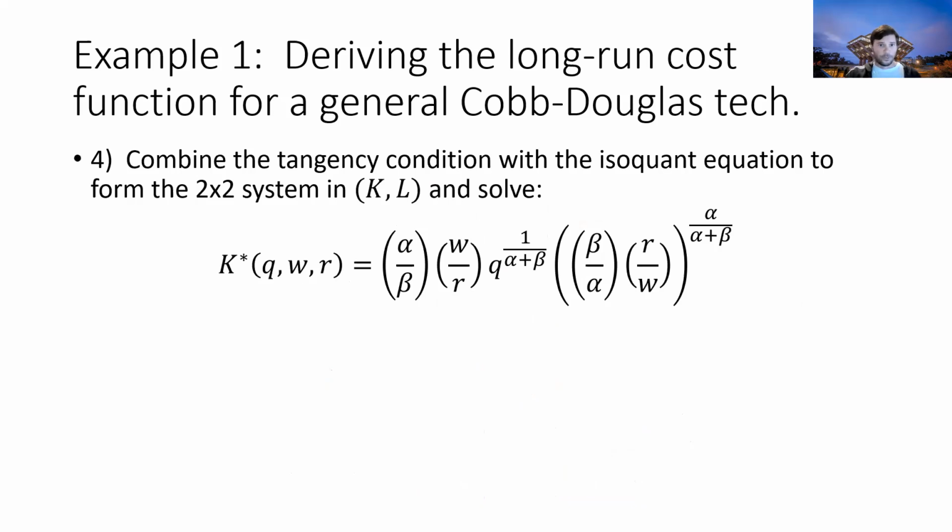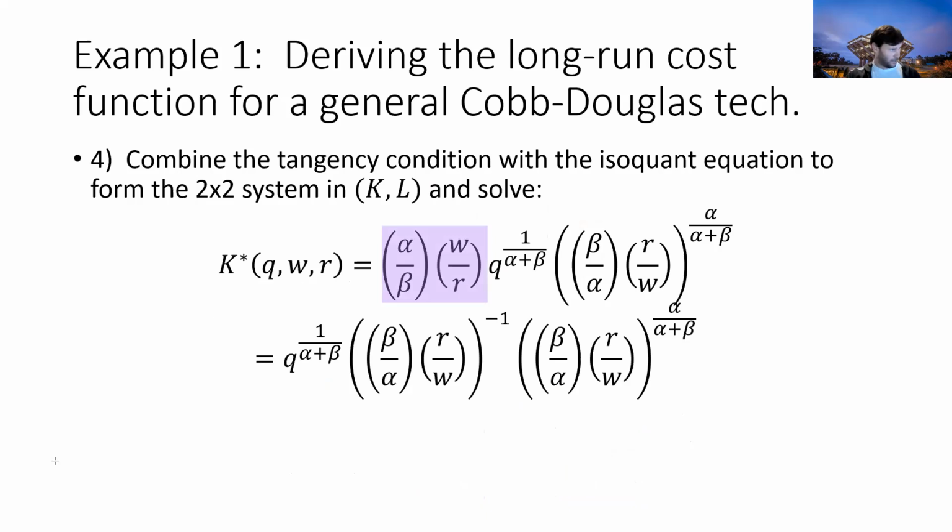Alpha over beta times W over R, this term in the purple, that's the same thing as the reciprocal, but to the -1. Is that right? The terms in the purple are exactly the same thing. Any questions about that? And now what we can do is, recognizing we have the same base, same base in the purple here.